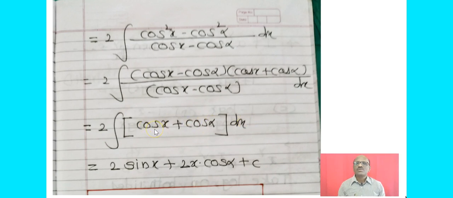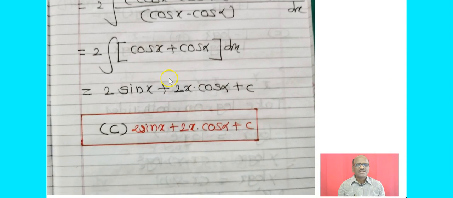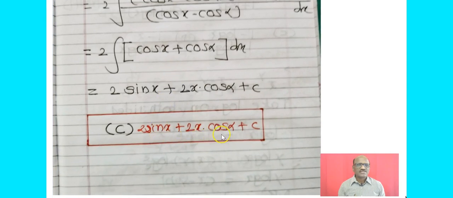Now the integral of cos x is sin x, and cos alpha is a constant term, treated as it is, but the integral of dx is x, multiplied by 2. Therefore, it becomes 2x cos alpha plus c. Therefore, our answer is 2 sin x plus 2x cos alpha plus c, and hence option C is the correct one.